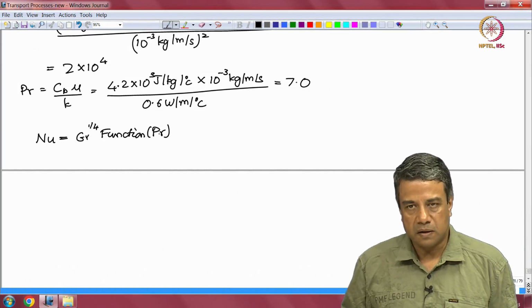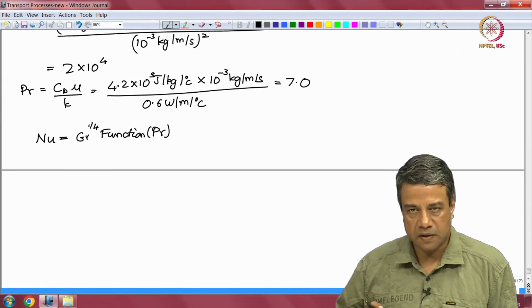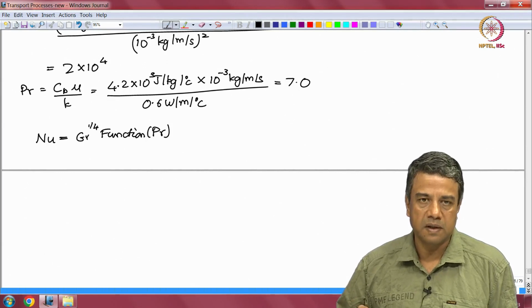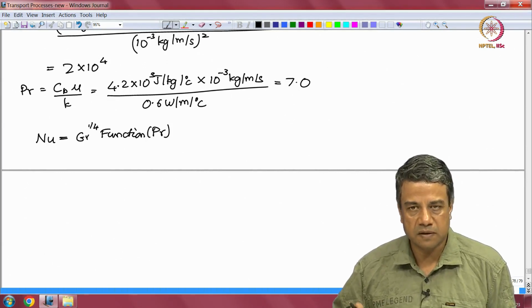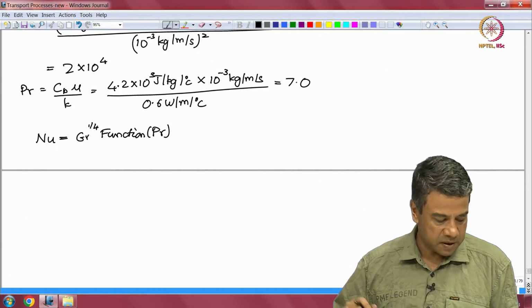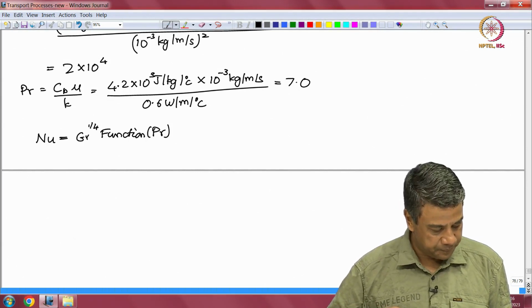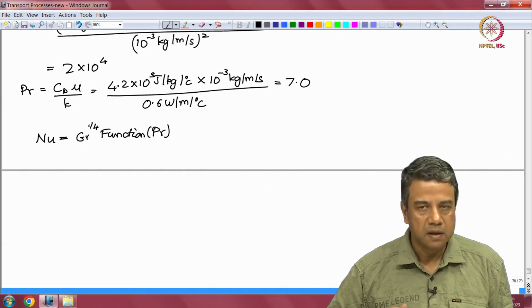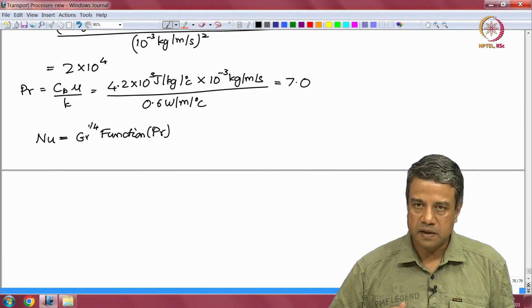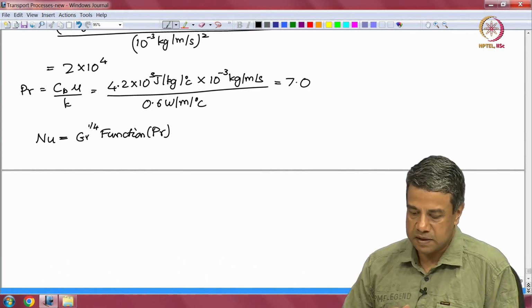Okay. In all cases, in the limit of large Grashof number for a laminar flow, the Nusselt number is proportional to Grashof number to the 1/4 power times some function of the Prandtl number. Okay. Note that Grashof number is the square of the Reynolds number, the ratio of inertial to viscous effects.